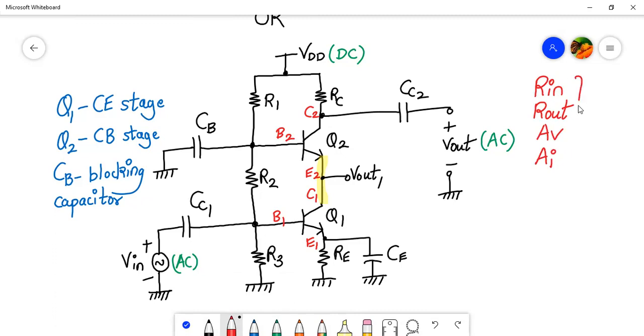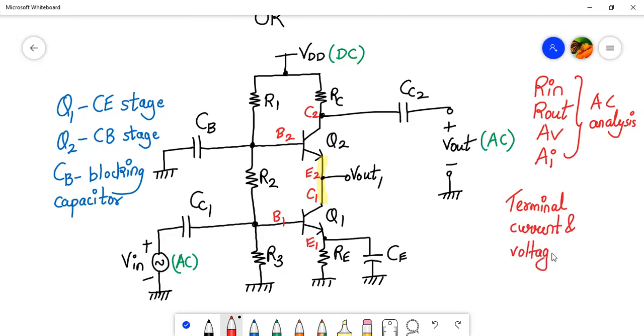So these four parameters we have to calculate from the AC analysis. And what all things we have to calculate with the DC analysis? With the DC analysis, we have to calculate all the terminal DC currents and voltages.